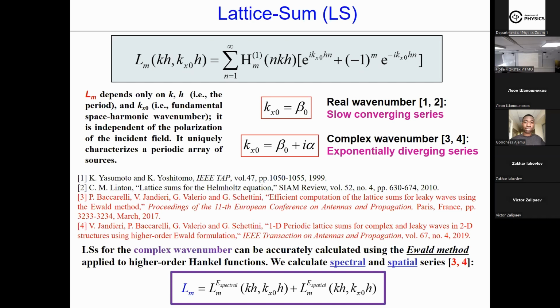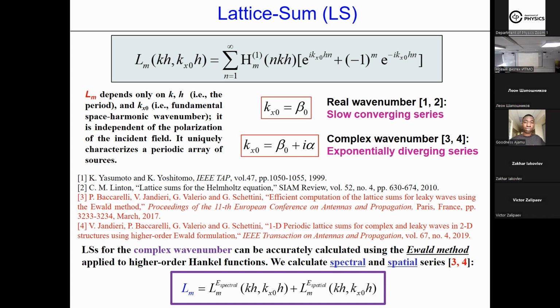For example, one of these is presented in this paper. When kx is real, it means that we have a strong confinement of the modes in this dielectric region. However, when k is complex, we should use a different mathematical method in order to have convergence of this kind of series.